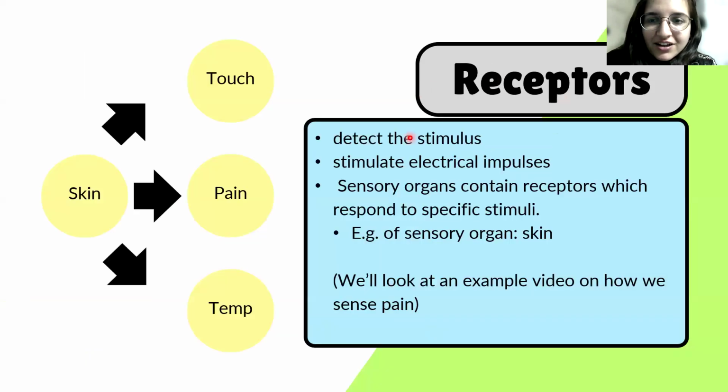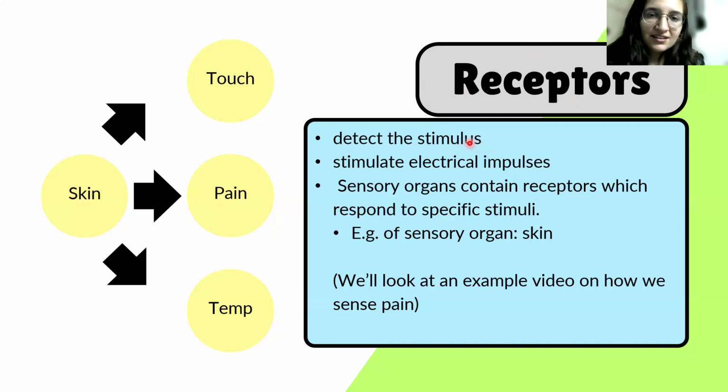Receptors. So receptors, again, detect or receive the stimulus. Stimulus again is a change in the environment that causes us to respond. So the receptors are the ones that will detect the stimulus. They detect the change.